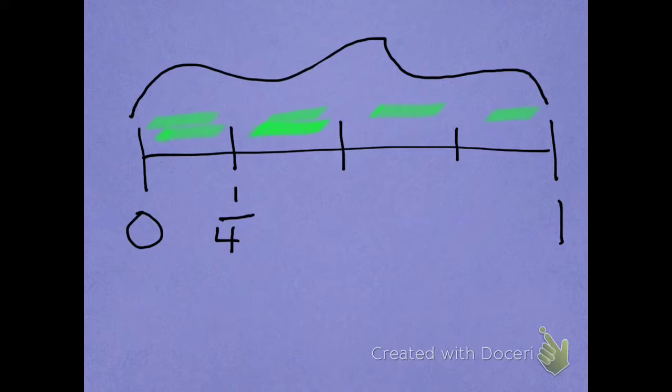If I have 2 spaces like that, then this would be 2 spaces out of 4. If I take up 3 spaces, all of these spaces, then that would be 3 spaces out of 4, or 3/4. And if I take up all of the space, then that would be just 1, because that's one whole.